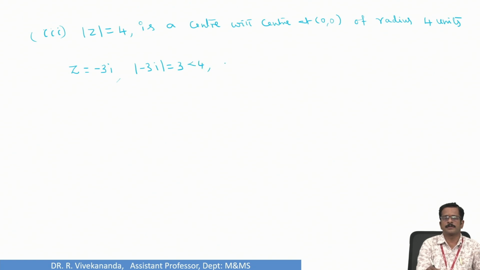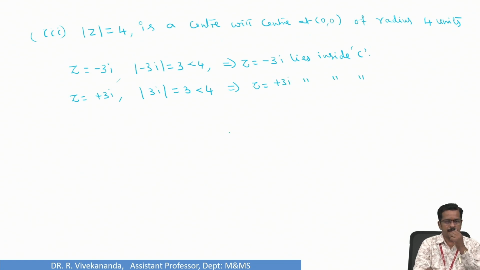That implies z equals minus 3i lies inside C. Next, z equals plus 3i. Modulus of 3i is going to be 3, which is also less than 4. So z equals plus 3i also lies inside C. Both lie inside.